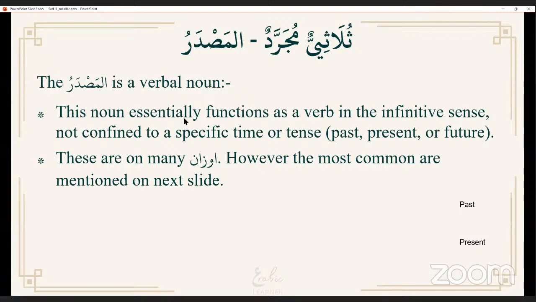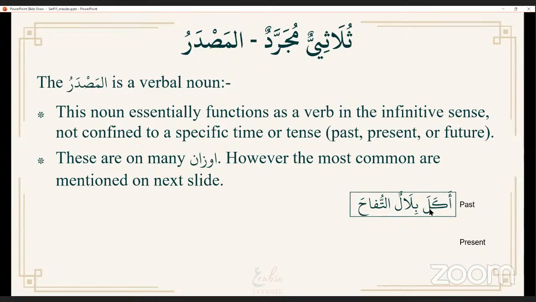Now, what exactly is masdar when you compare it to fi'l? When it comes to fi'l, there is always a tense, whether past, present, or future, in any language. So in Arabic also there is madi and mudari.